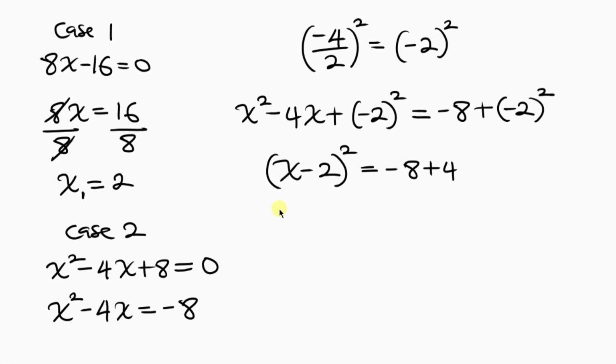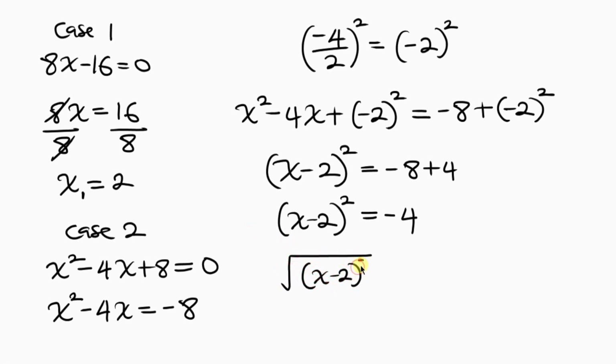Now, let's simplify further. We have x minus 2 all squared to be equal to negative 8 plus 4, which is actually negative 4. Now, our next step will be for us to get rid of this square by taking the square root of both sides. So I'll take the square root of the left, x minus 2 all squared.